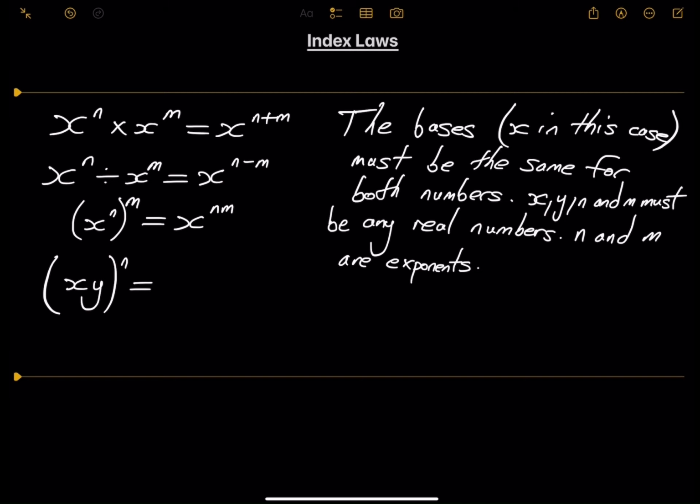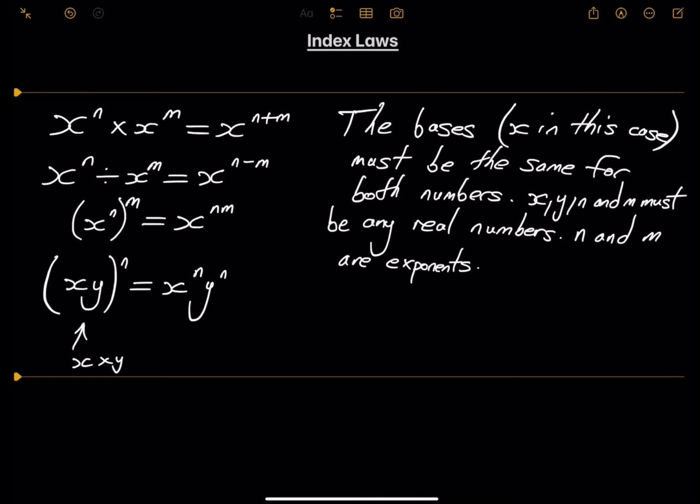And for the last case, we've got xy, multiplied together, so this is the same as x times y, all raised to the power n, and this simplifies to x raised to the power of n multiplied by y raised to the power of n.